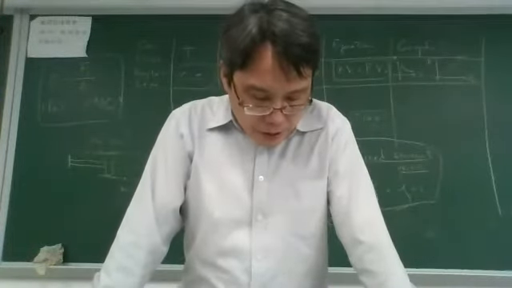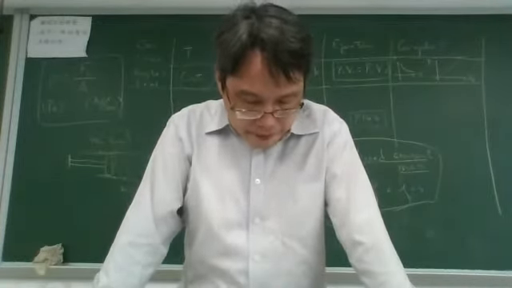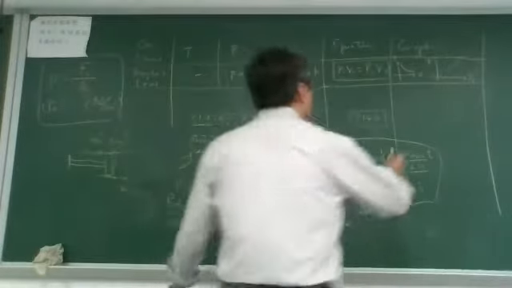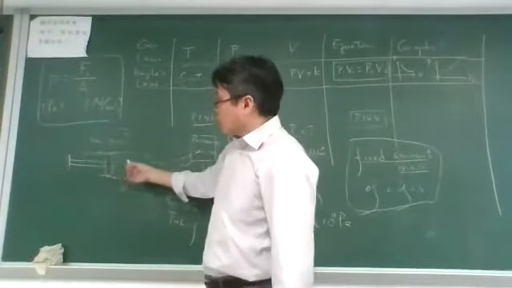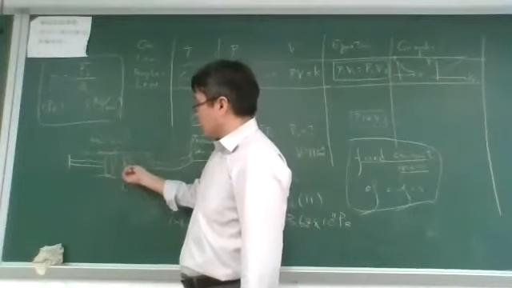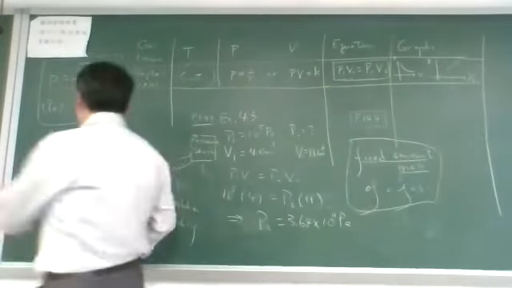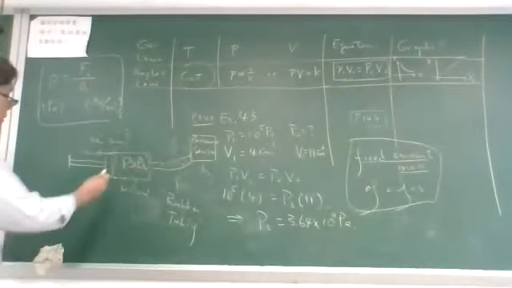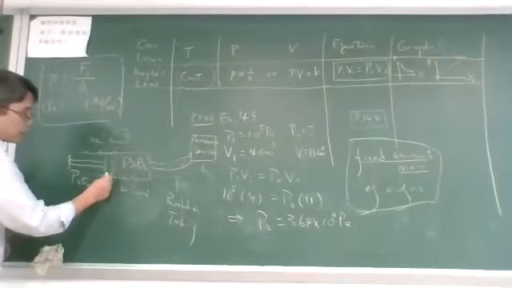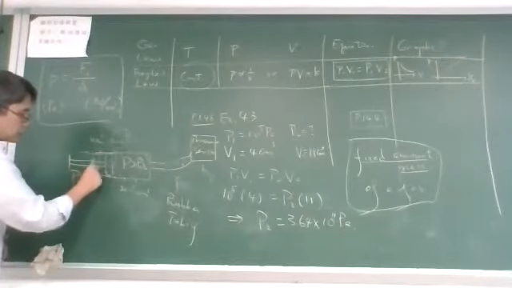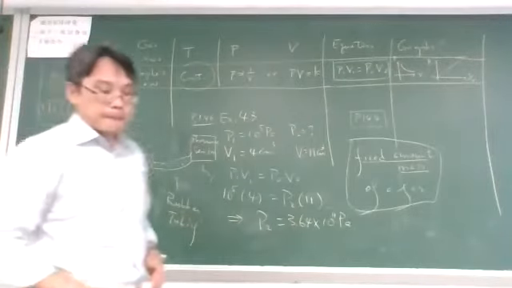And then part B: when the piston is released, it tends to go back to its original position. Explain briefly why. Now the piston is in the horizontal direction. If the pressure inside is higher than atmospheric pressure, then when it is released, the outside pressure is atmospheric, and so it will come back to a position such that the pressure inside equals the pressure outside.